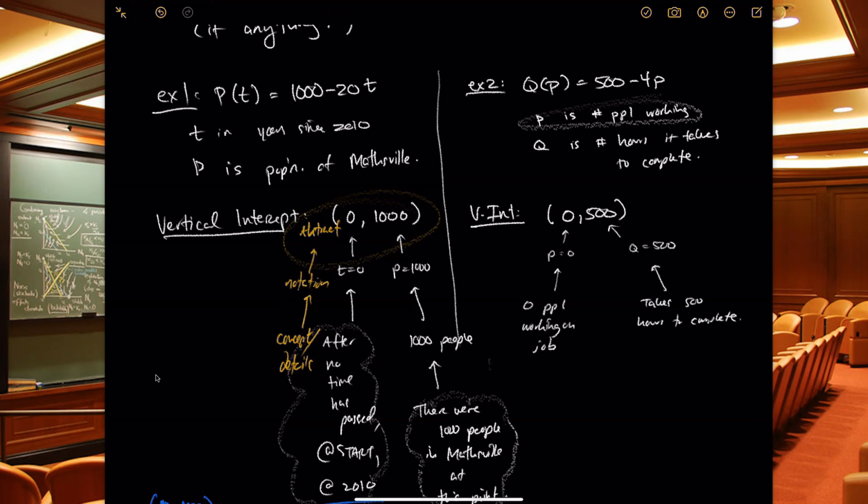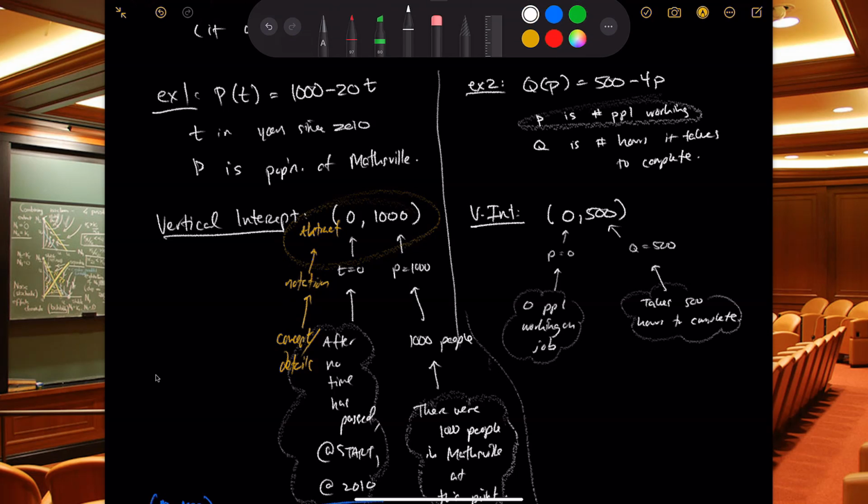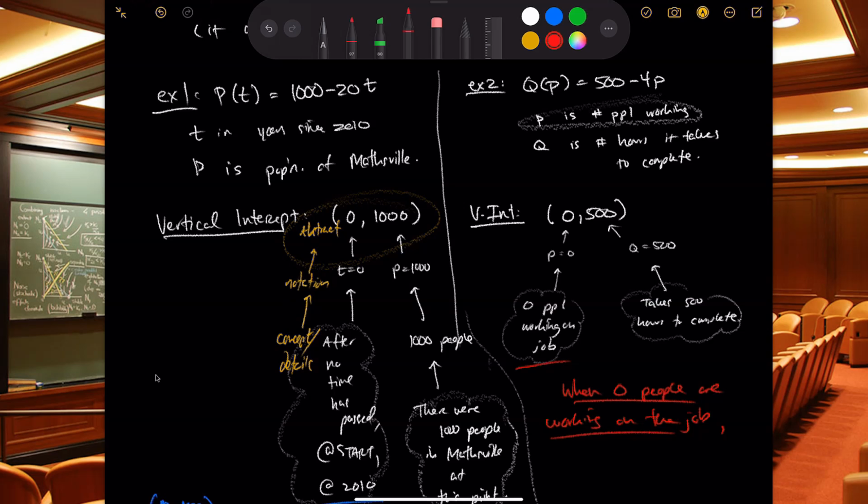So again, now we join these two ideas together. And so we see when 0 people are working on the job, all right, that's this piece, it takes 500 hours to complete.